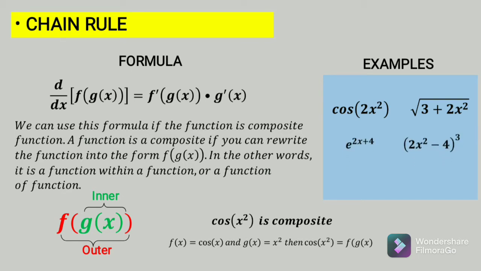Then e to the power of 2x plus 4, where 2x plus 4 is our inner and e to the power of x is outer. Then 2x squared minus 4 to the power of 3. In this function, 2x squared minus 4 is our inner function and x to the power of 3 is our outer. So cos squared of x can be written as cos of x to the power of 2, where cos of x is our inner and x to the power of 2 is our outer.